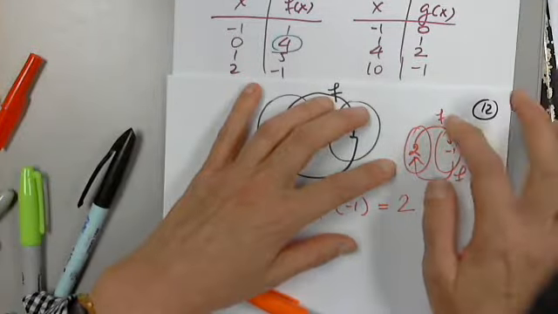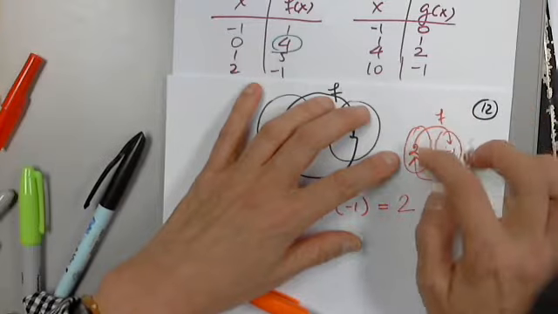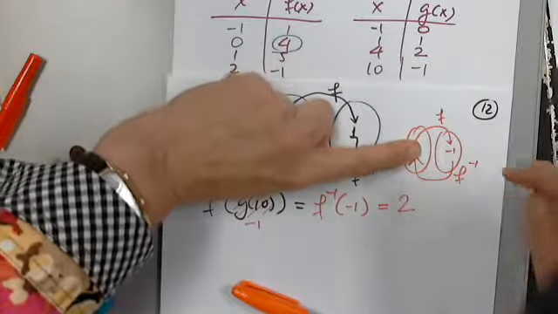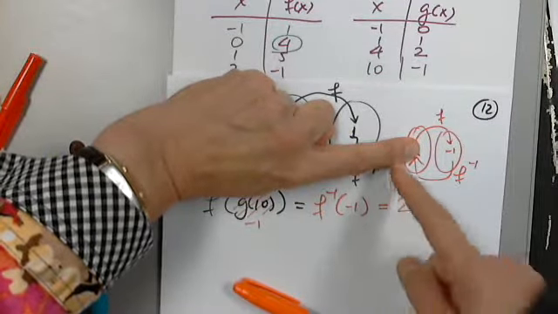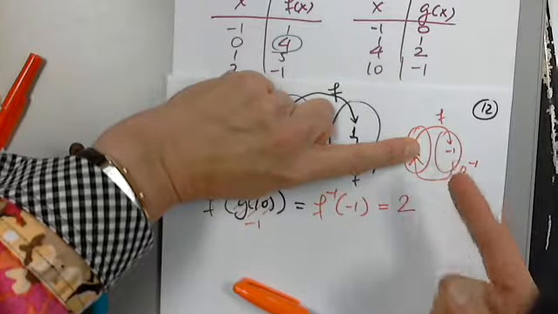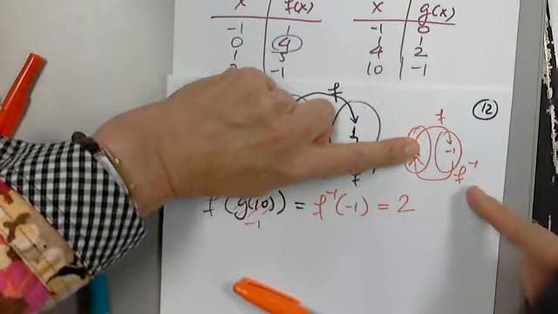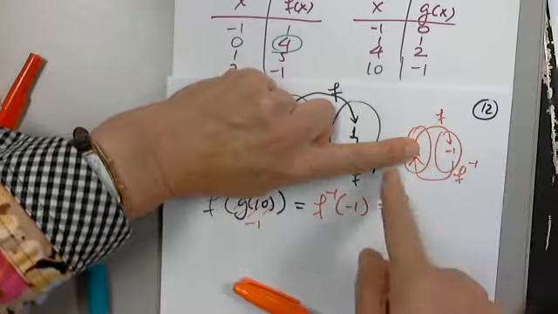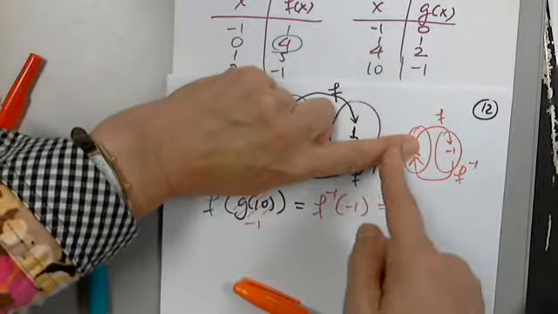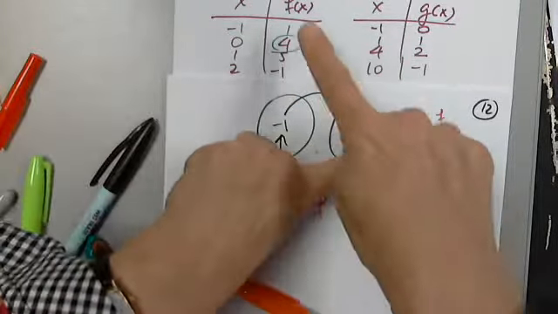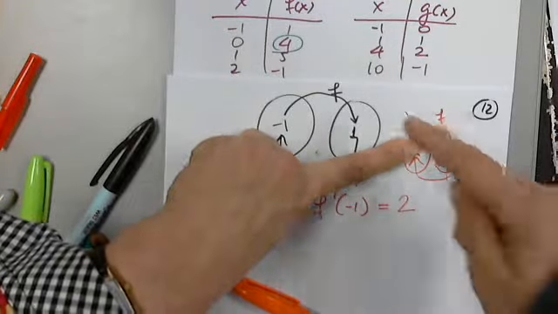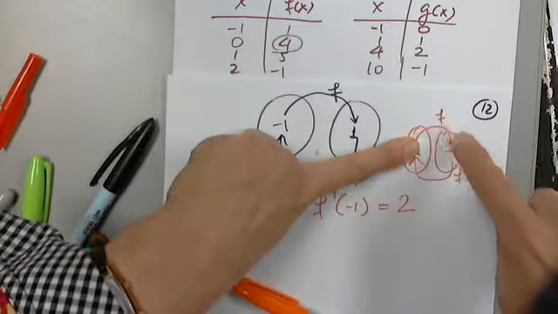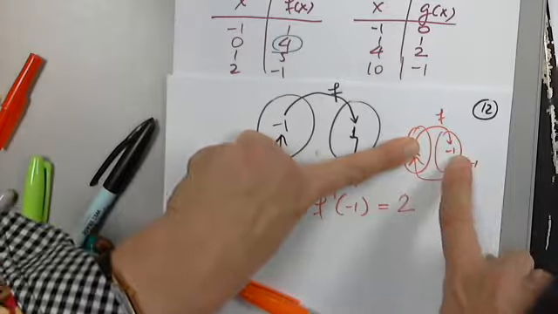So I know that F is applied to a number. I don't know which number. F is applied to a number, and it gives us negative 1. Because now I want to apply the inverse function to negative 1 and get back to that number. So I have to look at F and see which x value creates F of x to be negative 1.